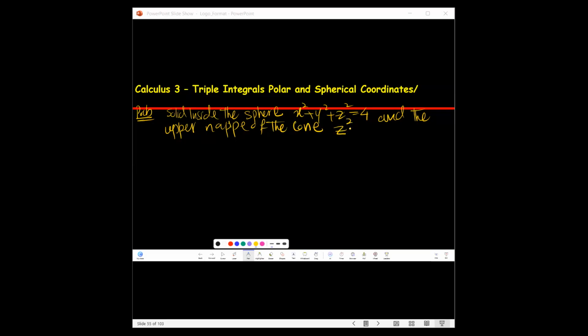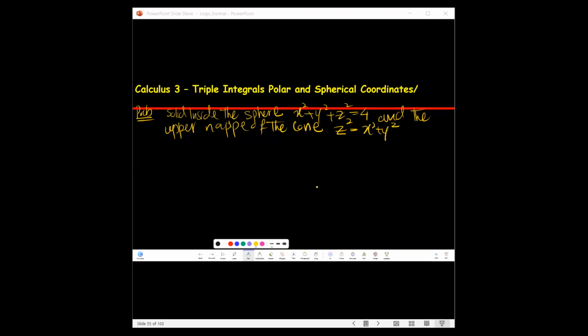The cone is also given through an equation. This is also z squared. So we just have upper and lower. So let's go to the upper, and we go to the outside limit.